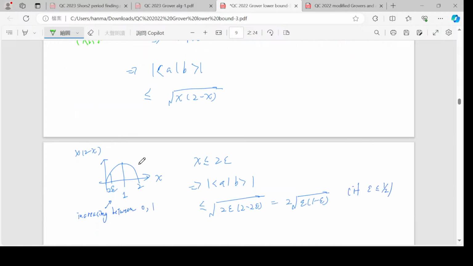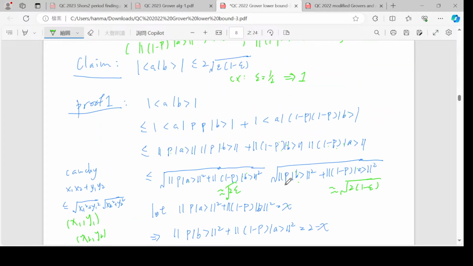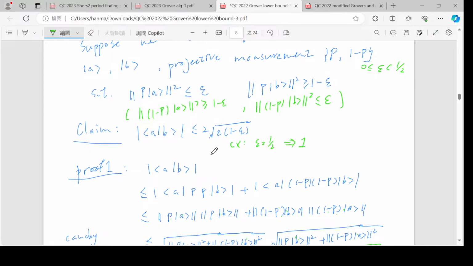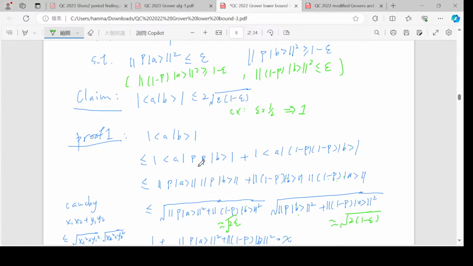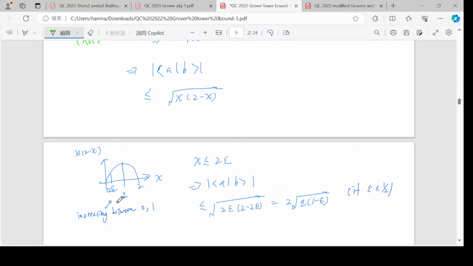We know our x is less than or equal to 2 epsilon, because this is less than epsilon and this is less than epsilon, so the sum is less than 2 epsilon.